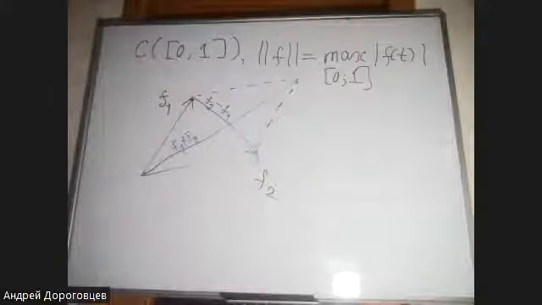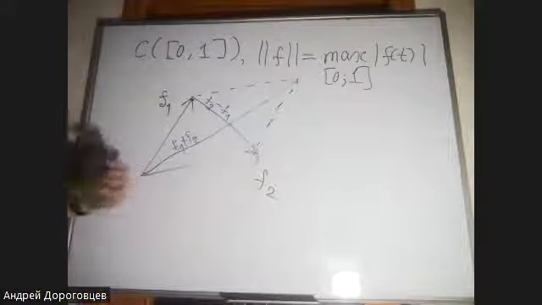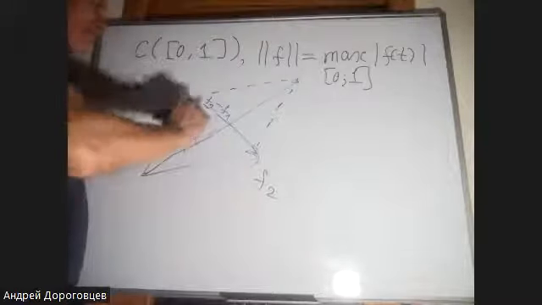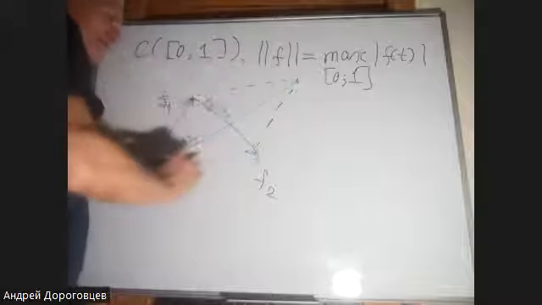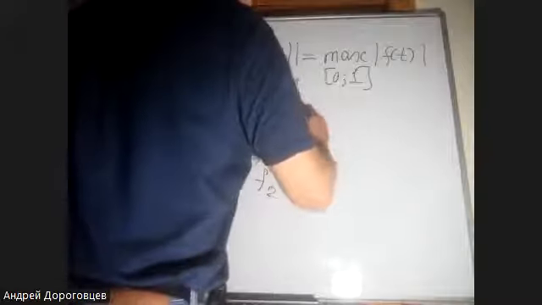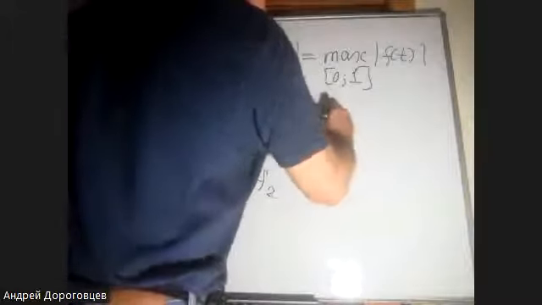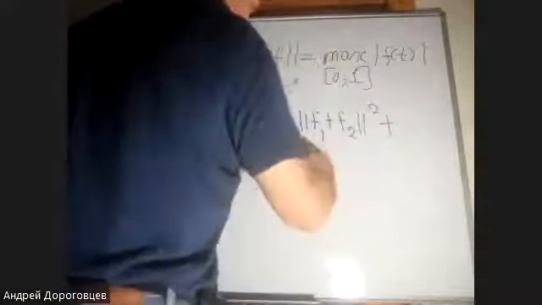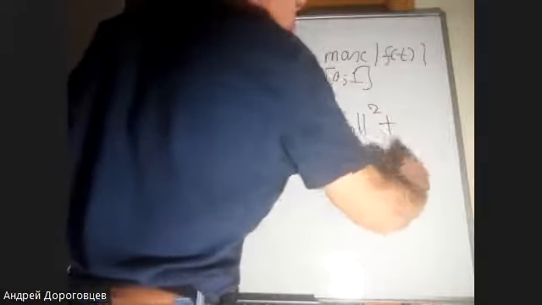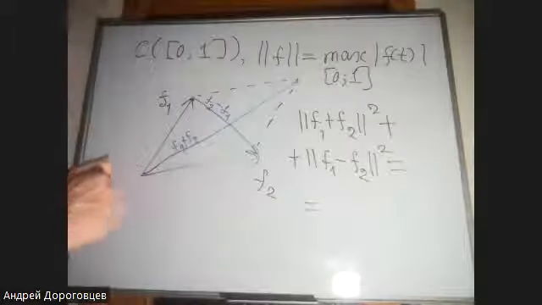And then it holds that we have a very good relationship between the lengths of all these intervals, namely the norm of f1 plus f2 squared plus the norm of f1 minus f2 squared is equal to what?